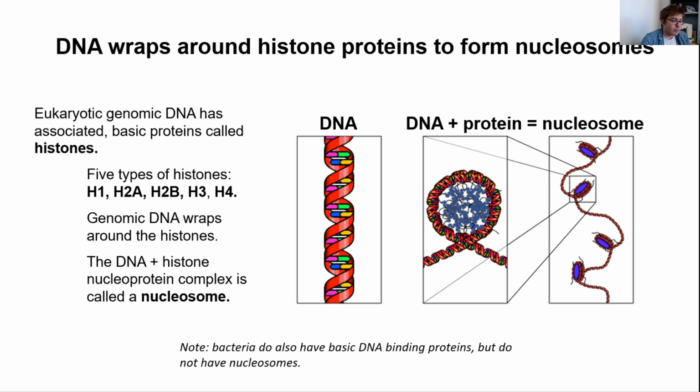And the genomic DNA wraps around these histone proteins to form a complex called a nucleosome. So we have this DNA, and it's going to get wrapped around these kind of disc-like structures like you see here to form nucleosomes. And these nucleosomes are going to kind of, as you can see, compact, even just on their own, the structure of the DNA a little bit by wrapping them up.